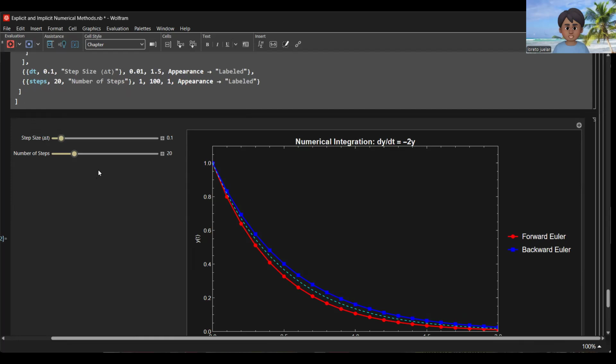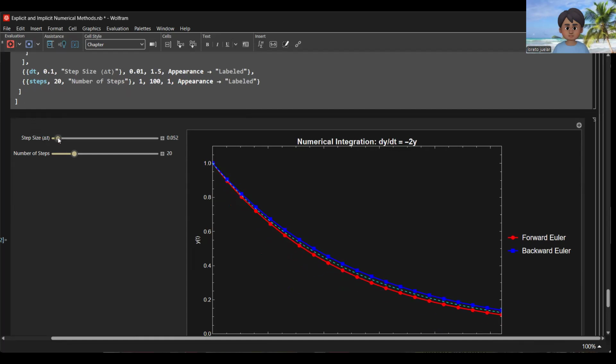Now we have the step size here. Now we have said that there is stability for a small step size for the forward Euler. So we have the stability for the forward. But if we increase the step size, it is the backward Euler method that is more stable.